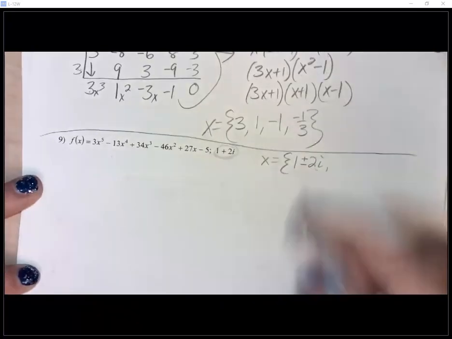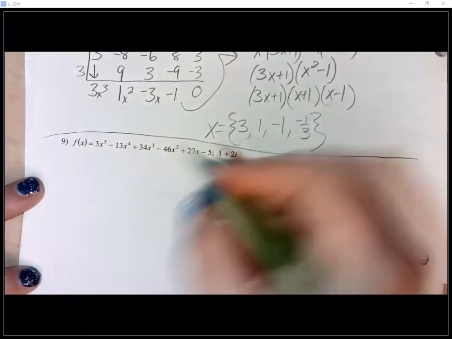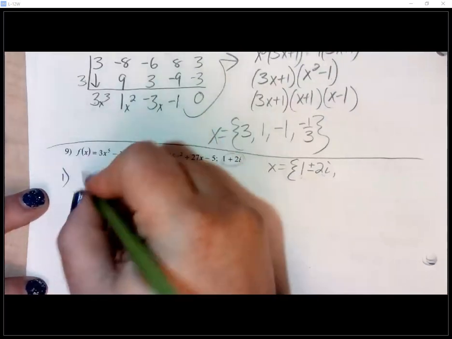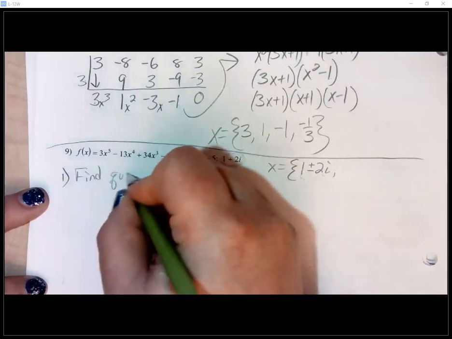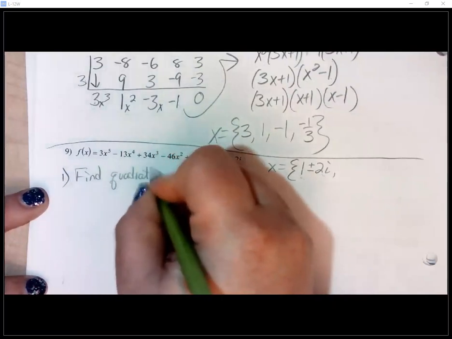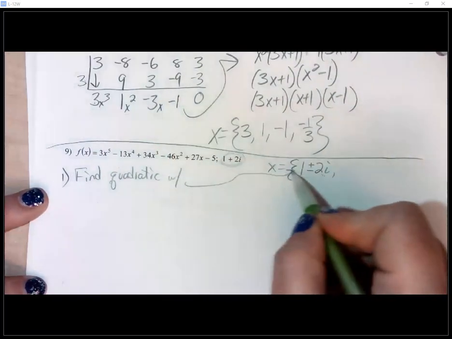Ready? All right, so let's figure out the quadratic that has these two zeros. So step 1, let's even write those so you know what's going on. Find quadratic with these two things as zeros.